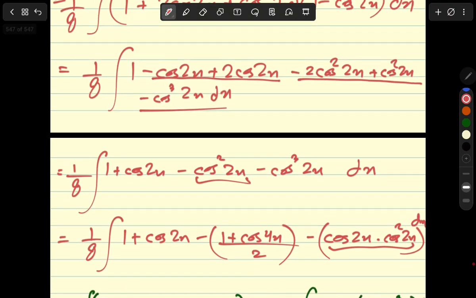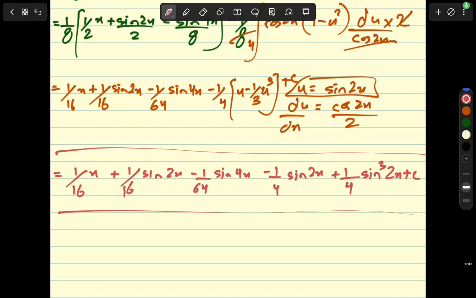So if such a question comes, pray not. If such a question comes, then you are going to deal with it in this manner. Do all, so that's going to make use of all your knowledge of trigonometric integration, right, and all the substitutions, etc.